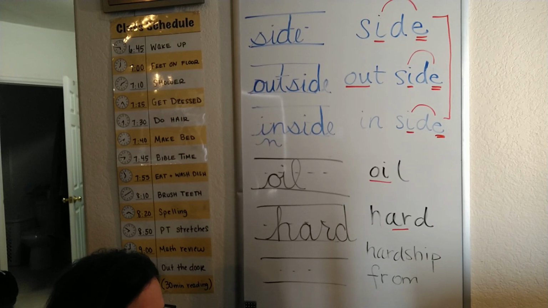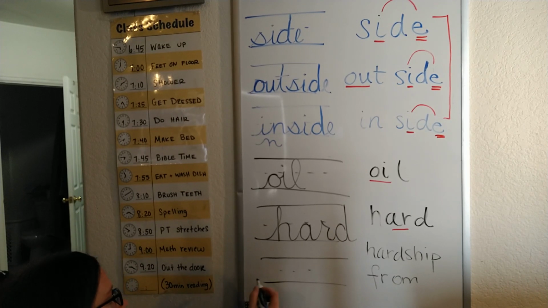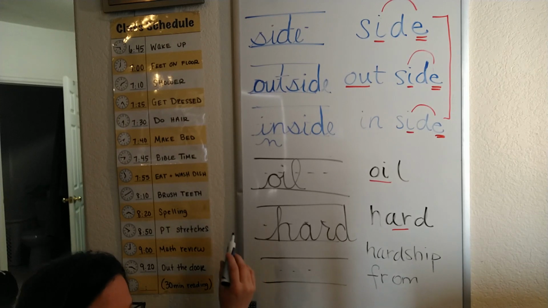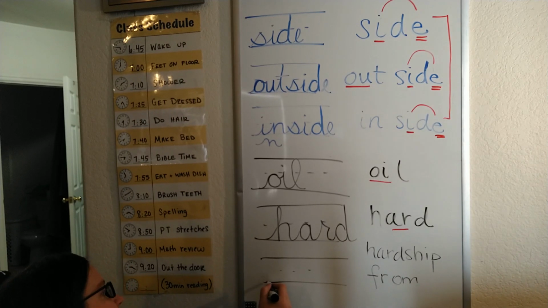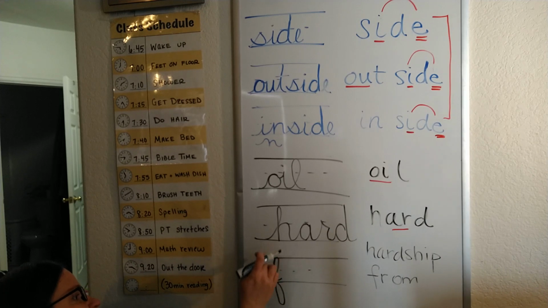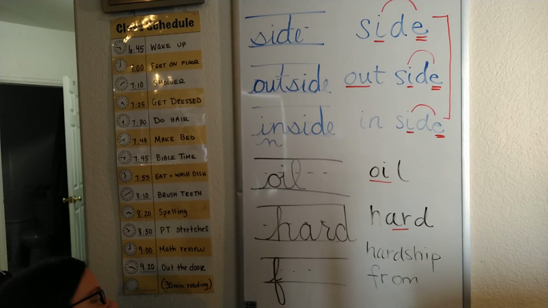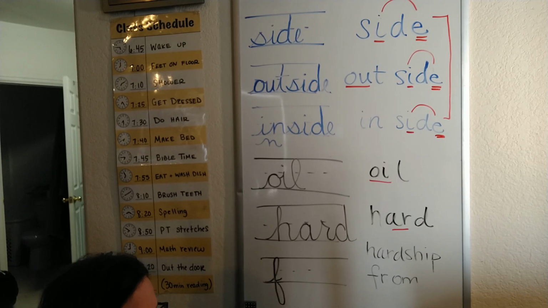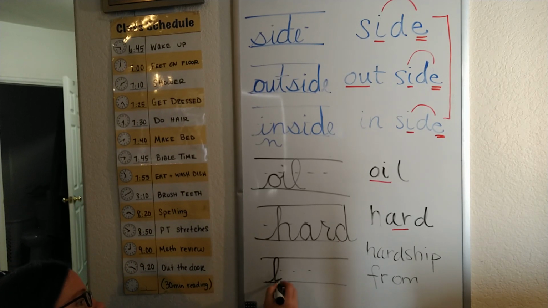Yep. F's are fun loop letters. So remember we're doing a loop up top and we're doing a loop underneath. So we're going to loop up top like an L, but we're going to keep going and do an L on the bottom and connect and a tail. So it's almost like you're doing an L above the line and an L below the line. See that? Two loop letters. Your R is an uphill letter, at midline, down the shelf, down to baseline.